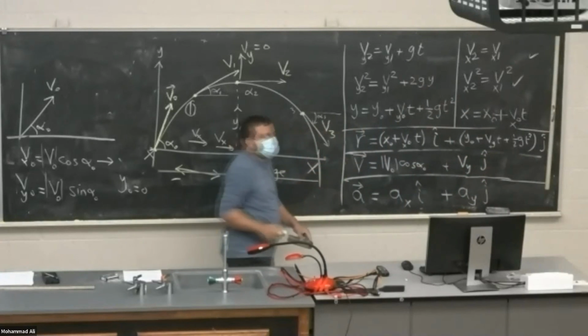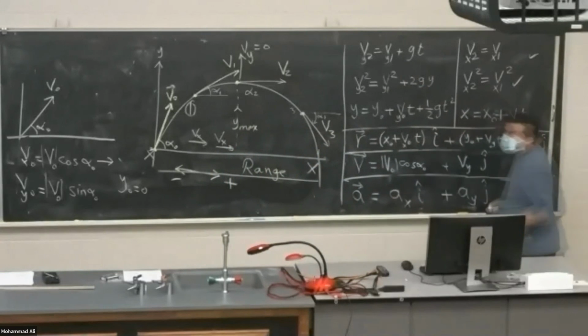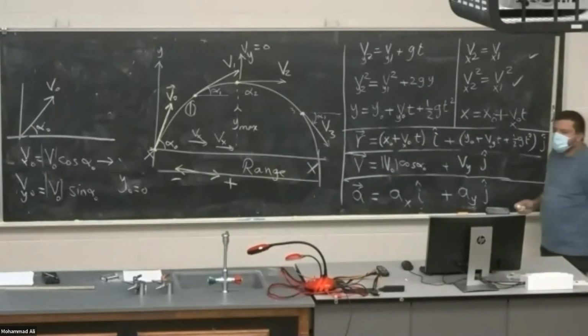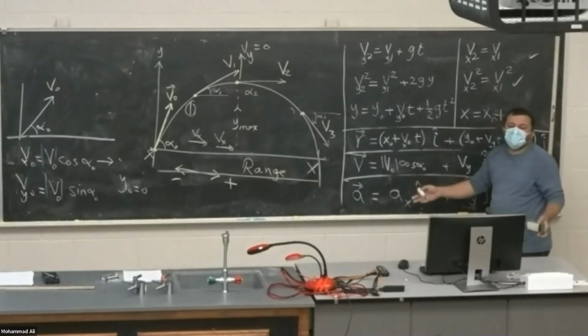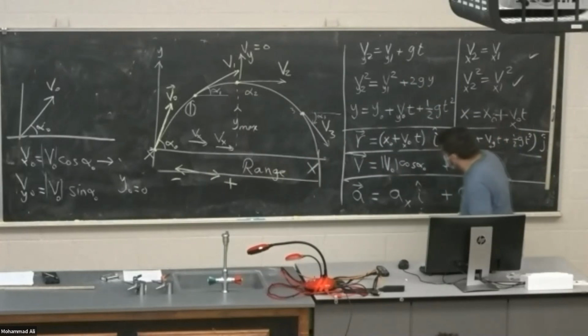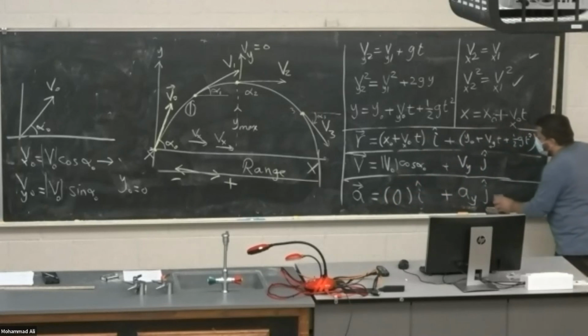What about the acceleration? What is the acceleration in x direction? I will open the chat. What is the acceleration in x direction, online or offline? We just talked about it. It is 0. What is the acceleration in y direction?